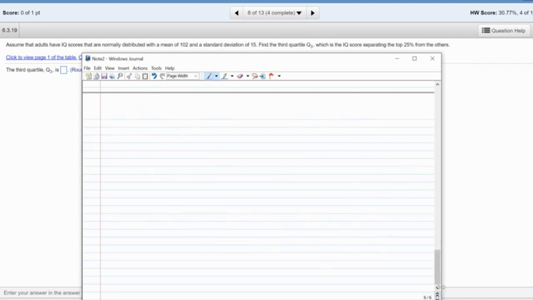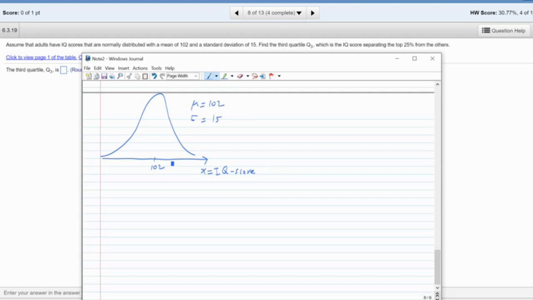Again an IQ score question. X is IQ score, and the mean is equal to 102 and the standard deviation is 15. So here's 102.